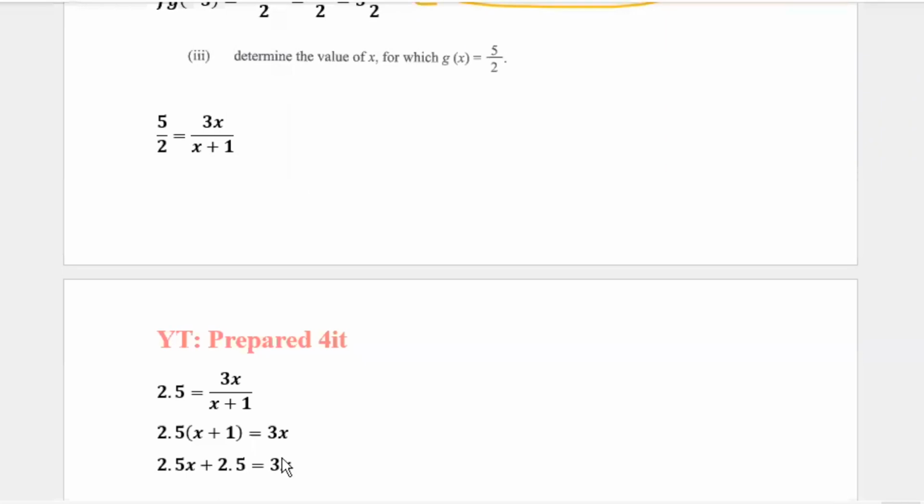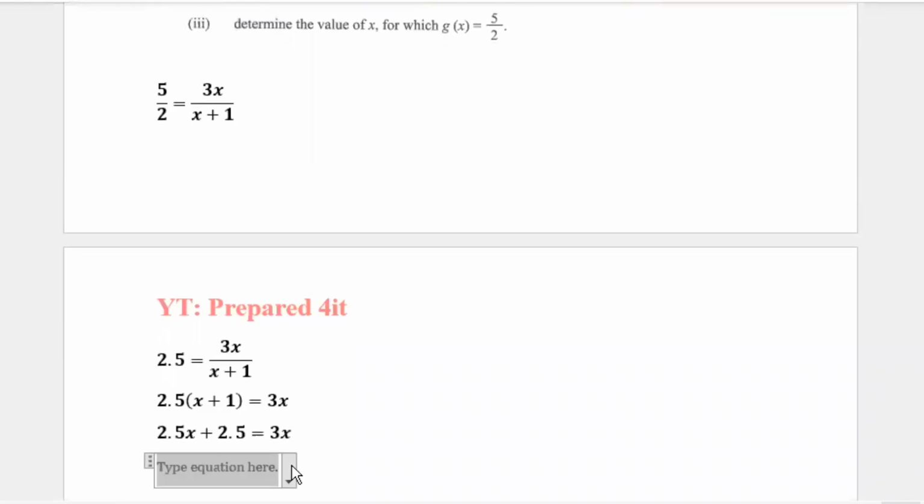So now on to regular algebra. We know that next we group like terms. So I'm going to say 2.5 is equal to 3x minus 2.5x.